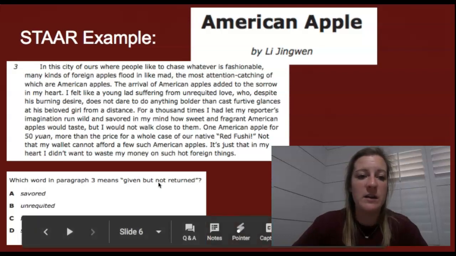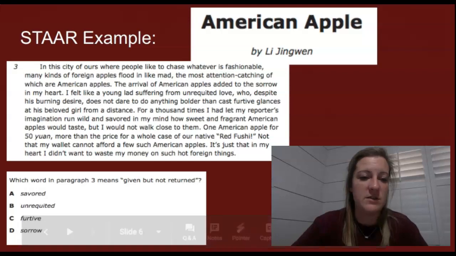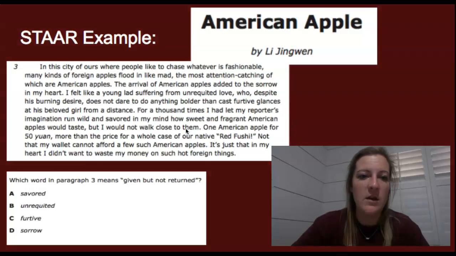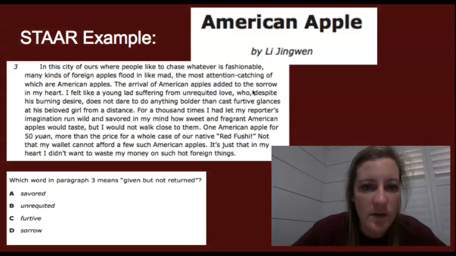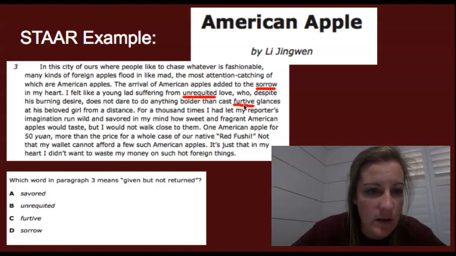So the first thing I would always suggest is to find the words in the paragraph, so that way you can identify their meaning. Okay, so we have sorrow here, unrequited here, furtive, and savored, all right here in this paragraph.